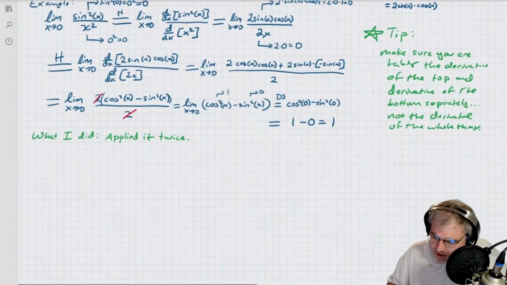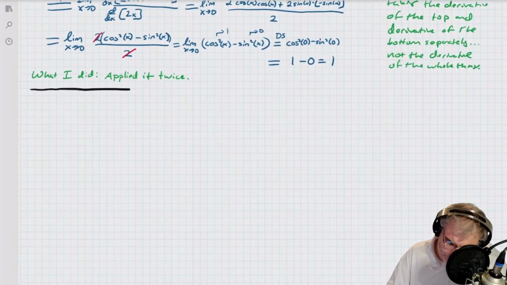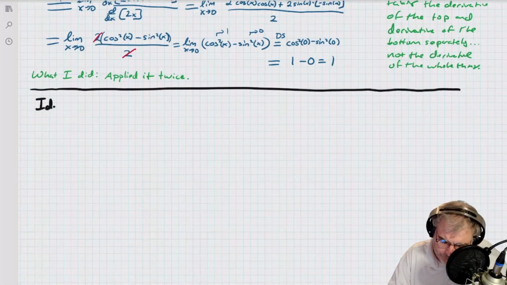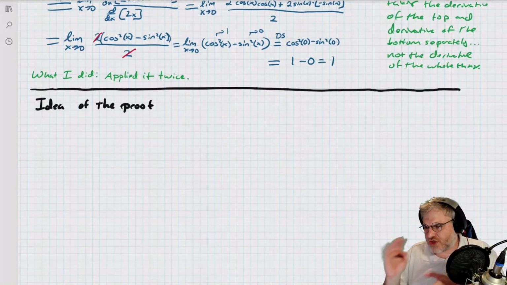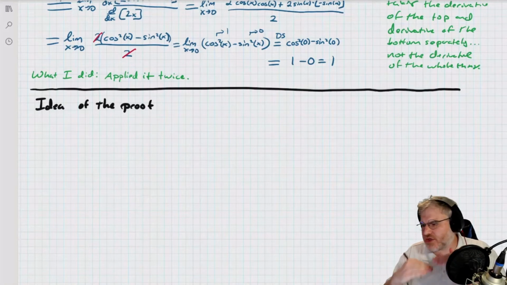All right, so let's talk briefly about the idea of the proof, because the idea is kind of cool. What I'm going to do is work backwards, and I'm going to take the ratios of the secant lines.